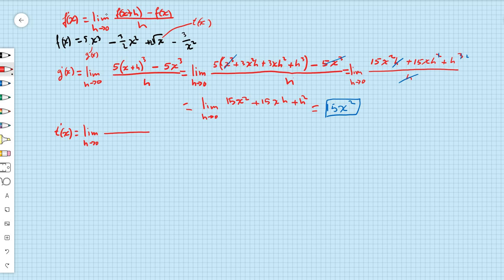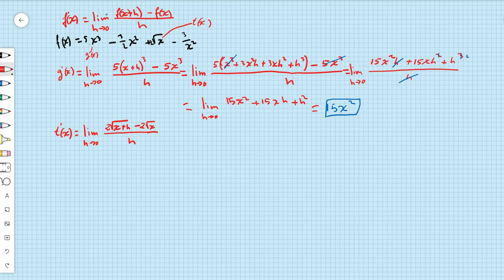So plug in, replace every x by x plus h, to find f of x plus h. So we'll go with 2 square root of x plus h, minus f of x, which is 2 square root of x, right? All that over h.